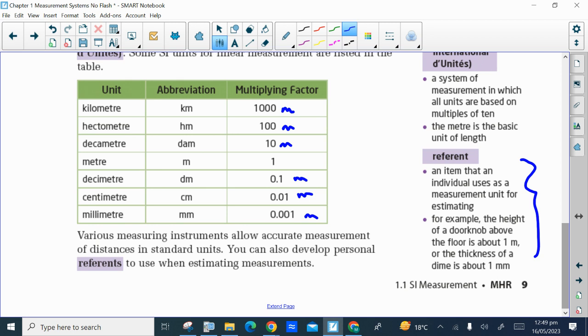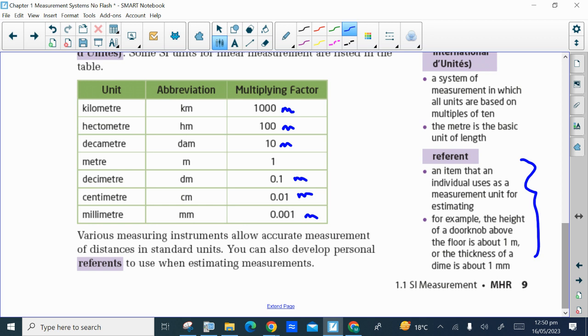Various measuring instruments allow accurate measurement of distance in standard units, but we can also develop personal referents to use when estimating measurements. The most common referent people probably use is a person's stride. If you're walking, a full stride is about 3 feet long, or about a yard, which is approximately a meter. You can estimate how far something is by stepping it off.